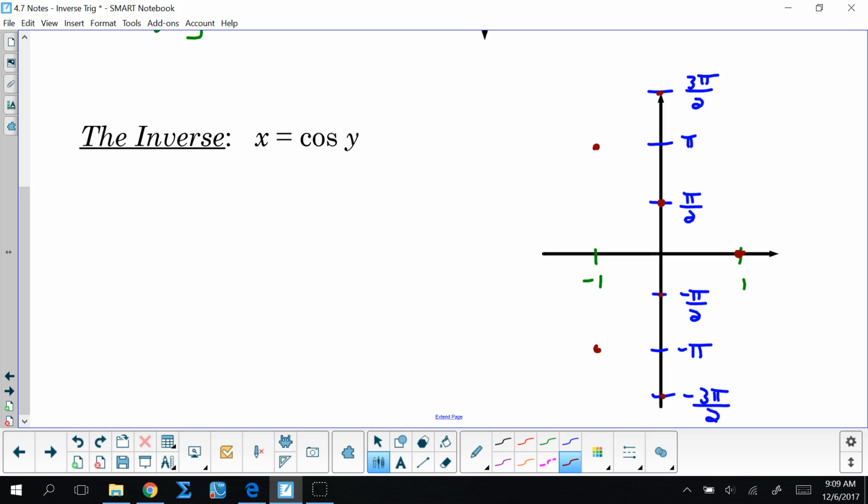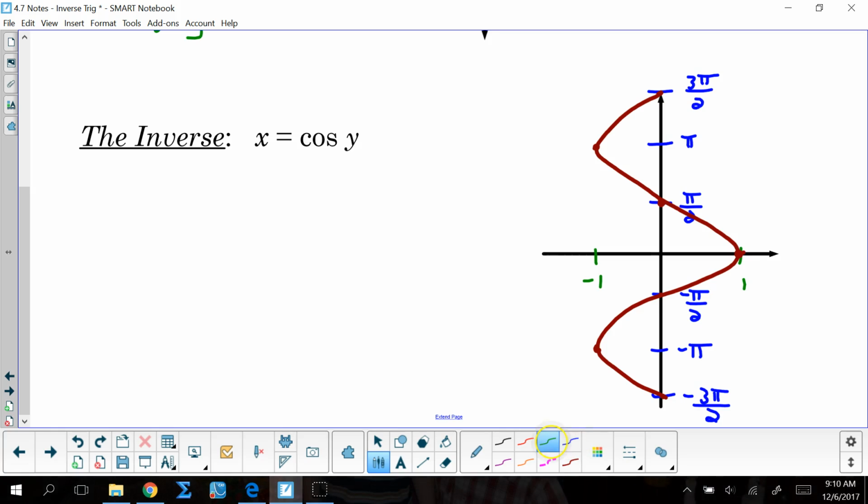Agree with that? So this curve here looks like that, right? What is the domain of my inverse? Negative 1 to 1.